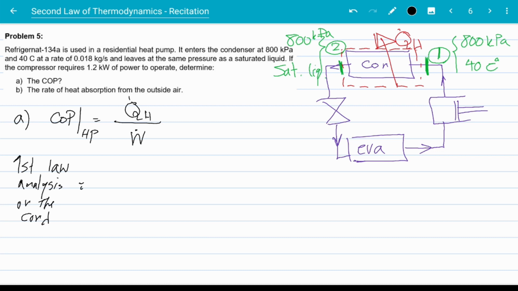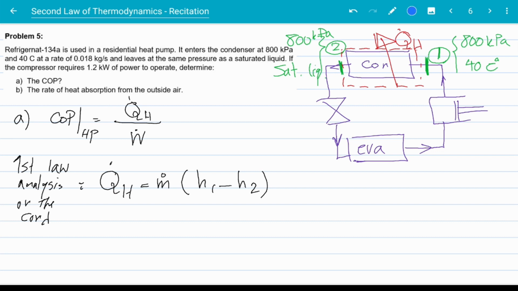What we get is that Q dot H is equal to the m dot of the fluid, H1 minus H2. This is a single stream control volume. We only have one entrance and one exit. We don't have any works involved. So whatever heat this condenser is losing is equal to the change of enthalpy of the fluid entering and exiting, neglecting kinetic and potential energies.